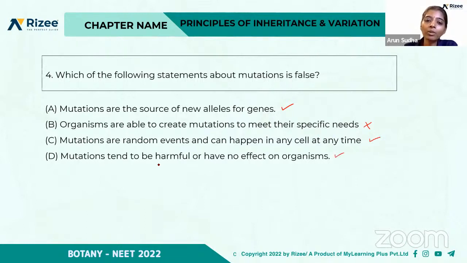While studying the genetic code, we'll see in detail that some mutations will not lead to even a change in amino acid, because there are many codons which code for the same amino acid. So a single base pair change will lead to the formation of the same amino acid. Though the mutation has occurred, it will not have any effect on the organism. So this is a correct statement, actually. Some mutations are harmful and some mutations won't have any effect on organisms.